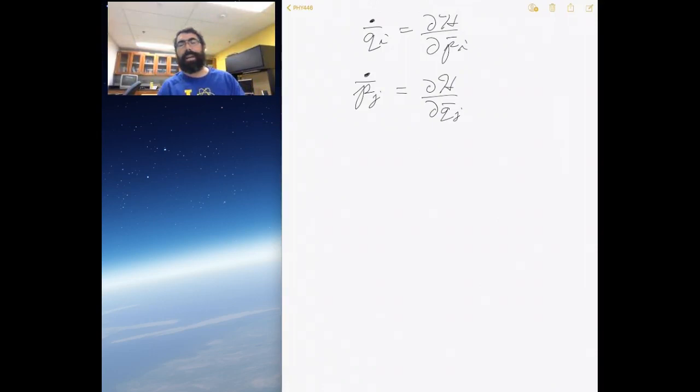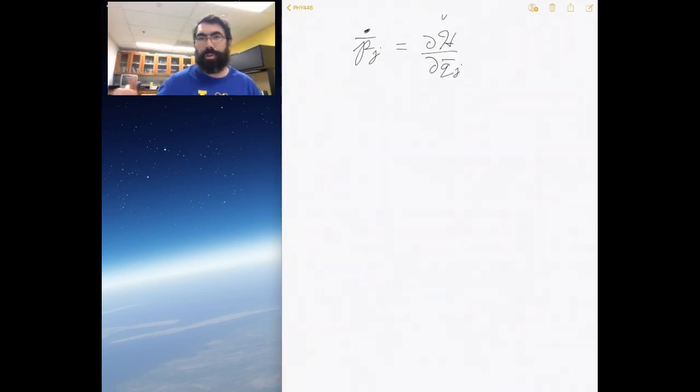So if I take the derivative of the Hamiltonian with respect to position, I should get the time derivative of the momentum, basically the force. So why don't we take a look at that? Let's work through it and show that we get the same canonical transformation from it.